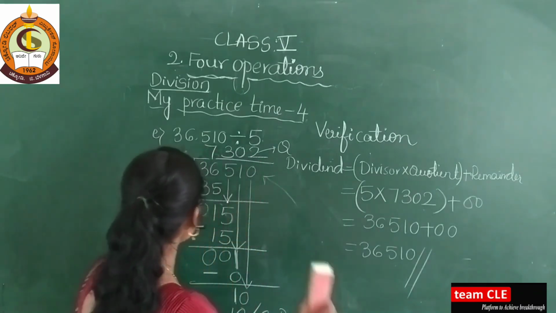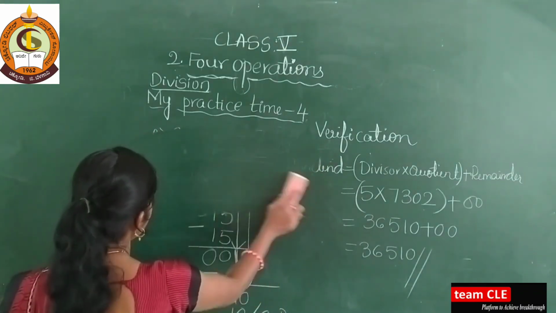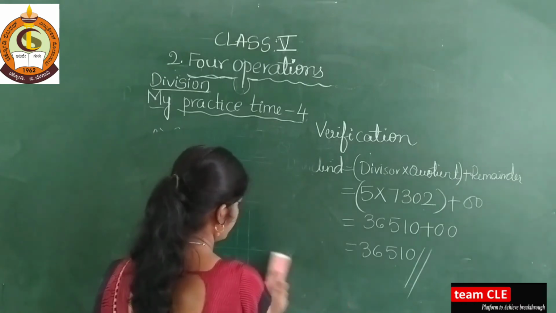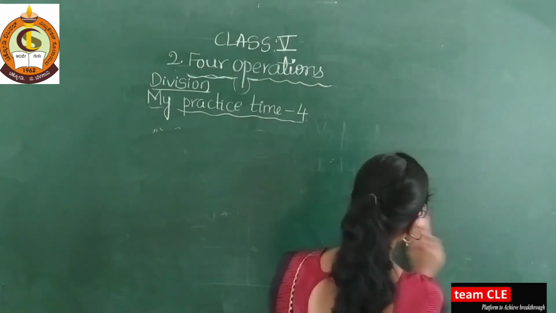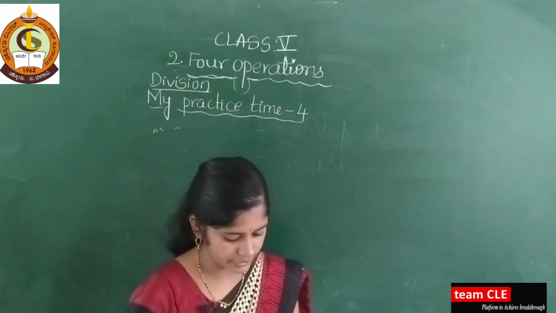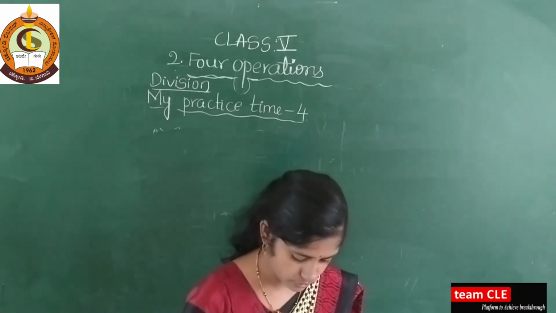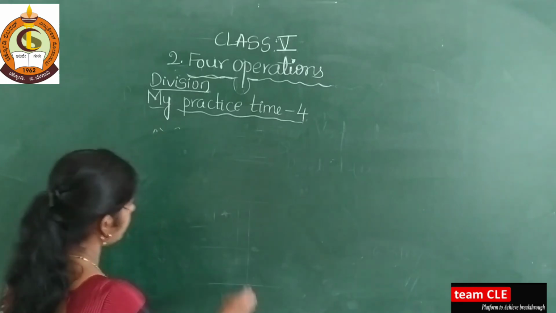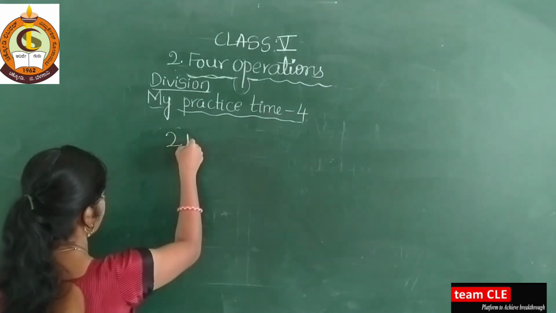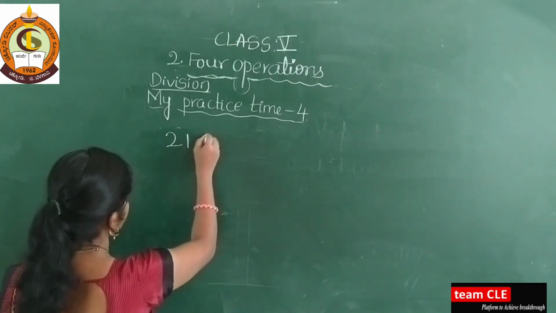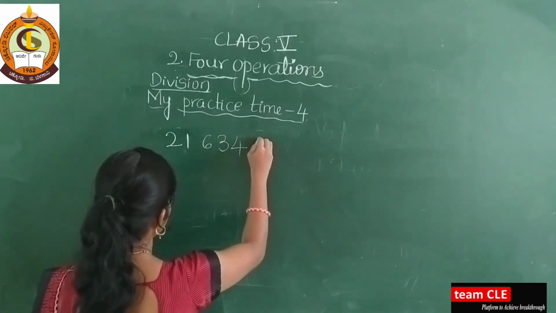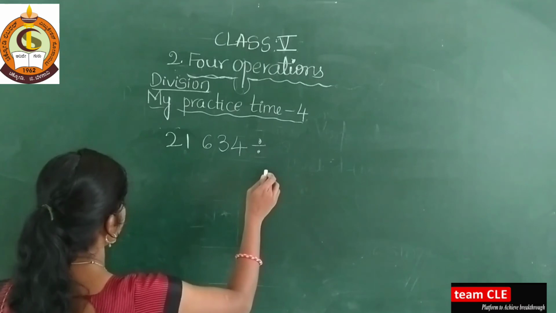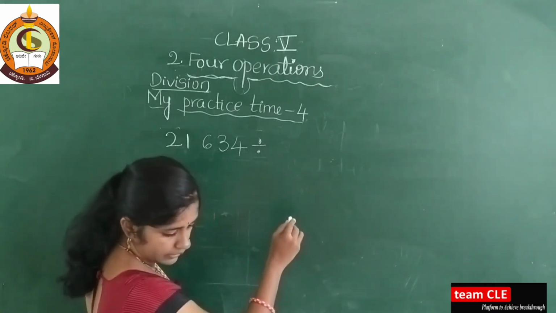Okay, so let us take one more example from your My Practice Time 4, and again we need to verify our answer. So I will take one question: 21,634 divided by 4.